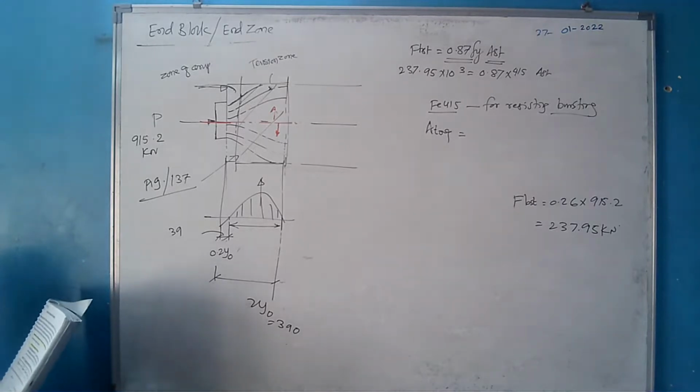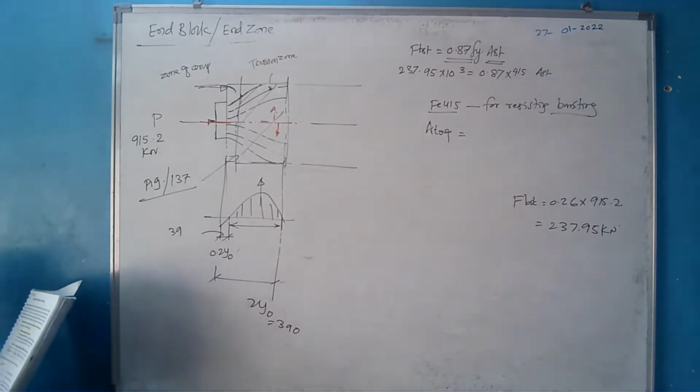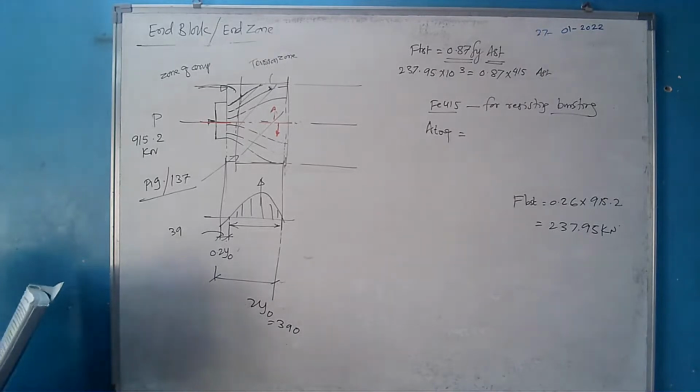सब डिटेल्स यहाँ पर दिया है. You need to refer this page number 136 and 137. Reinforcement provided in this region to sustain the bursting tensile force may be calculated based on a tensile strength of 0.87 Fy, except that the stress should be limited to a value corresponding to a strain of 0.001 when the concrete cover to the reinforcement is less than 50 mm.